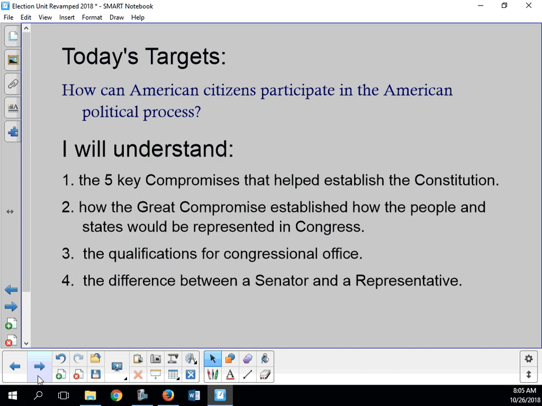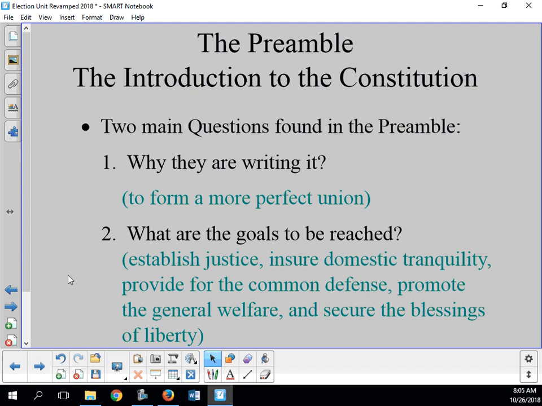Okay, I'm going to move forward. So these are our targets for today. I don't know that we'll get to that last one, but we should get to the rest.